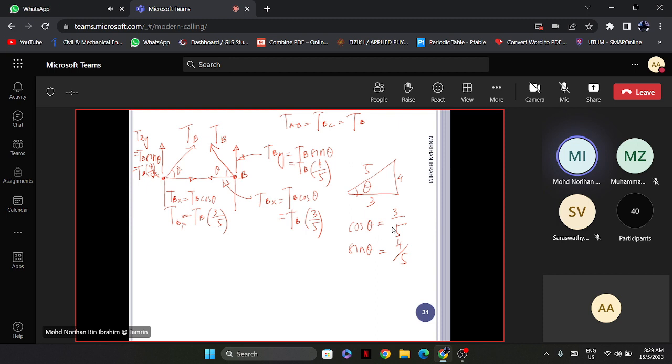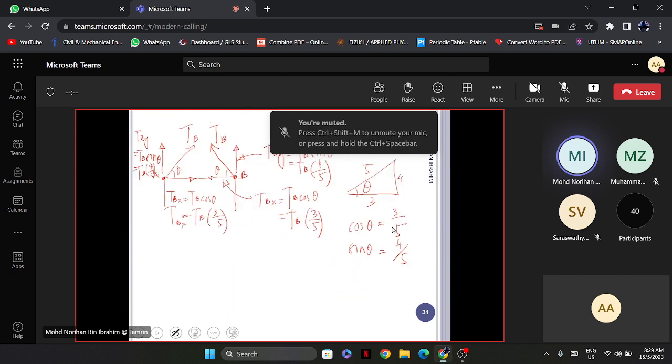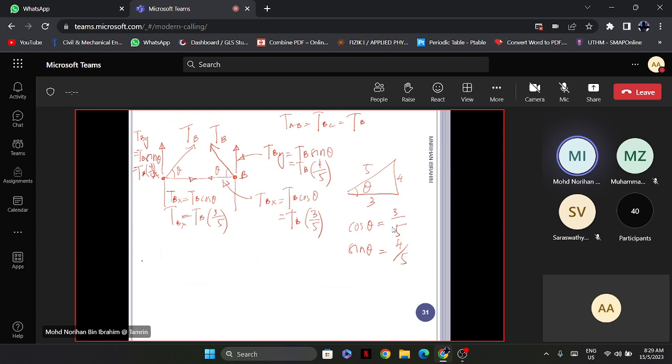So the first step is to draw the free body diagram. The second step is the equations of motion. Applying the basic equations of motion, the sum of Fx is equal to max and the sum of Fy is equal to may.